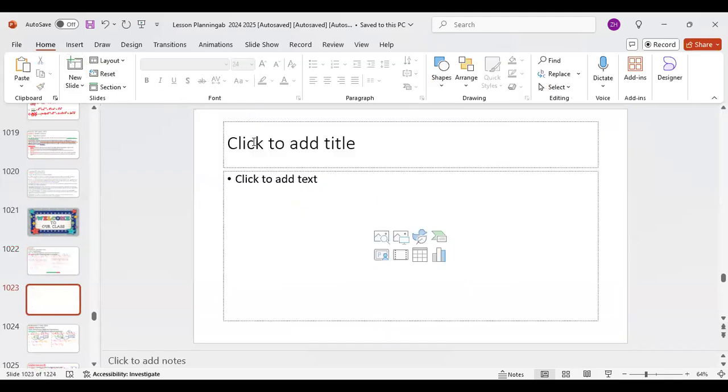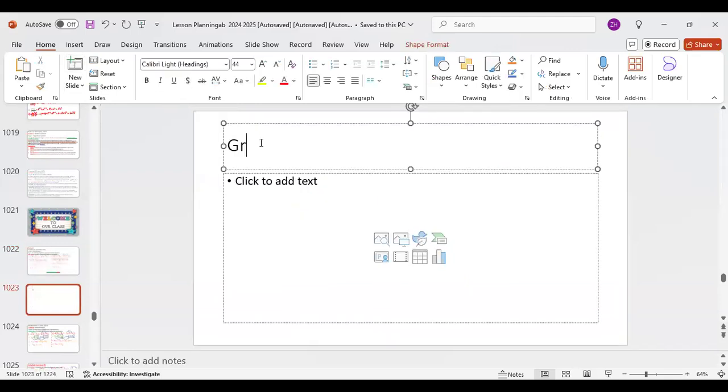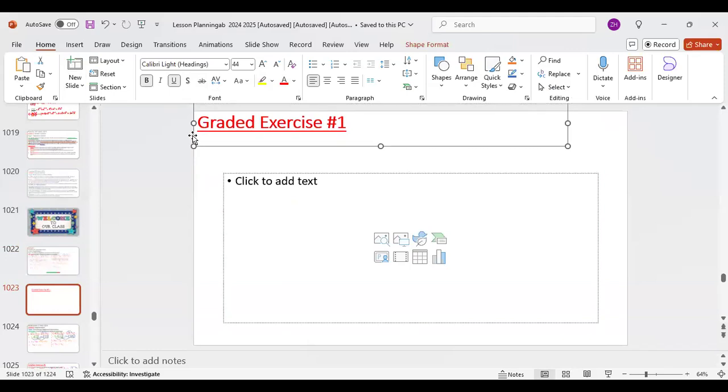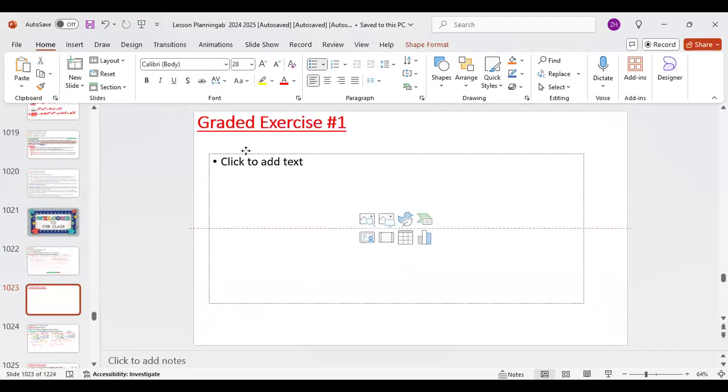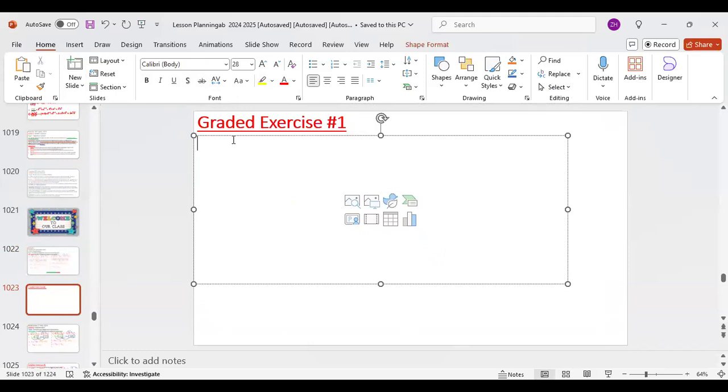It's going to be graded exercise number 1. I want you to do these 3 on your own. Let me write them on the board. Once you finish, take a picture of your work and send it to me via WhatsApp, and then we can go over it together.